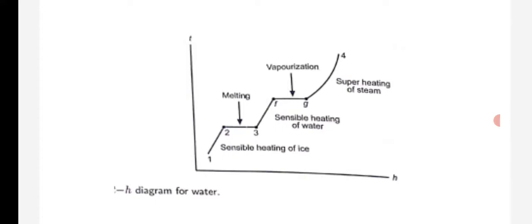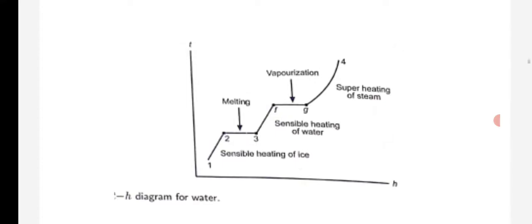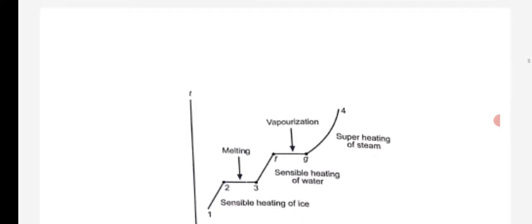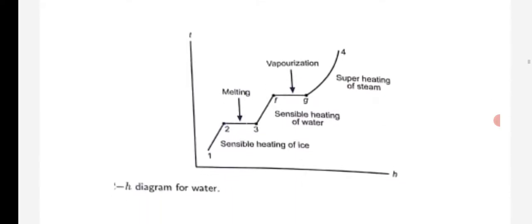If I remove heat from the saturated vapor, it starts getting converted to liquid. So there is a phase change again. The two horizontal lines, 2 to 3 and F to G, represent the latent heat of melting of the ice as well as the latent heat of evaporation of water to steam. You can go through my earlier videos on this so that you understand it better.